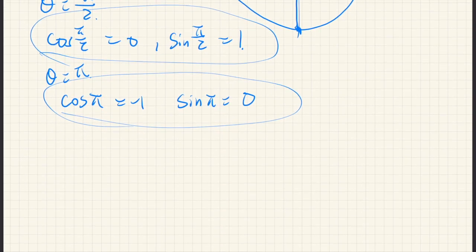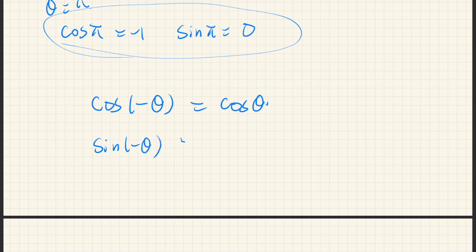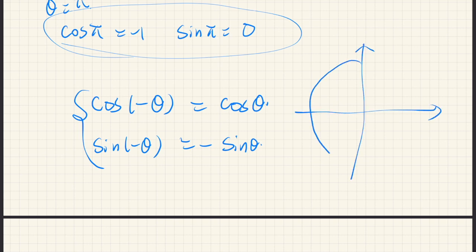And also from these pictures, you can see that cosine negative theta is equal to cosine theta. And sine negative theta is equal to negative sine theta. Why is that? Draw the picture. Okay. So if theta is this, then negative theta means we measure the angle from the real axis. So if theta is this, then negative theta should be this.